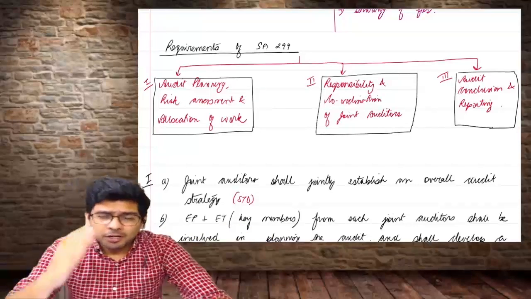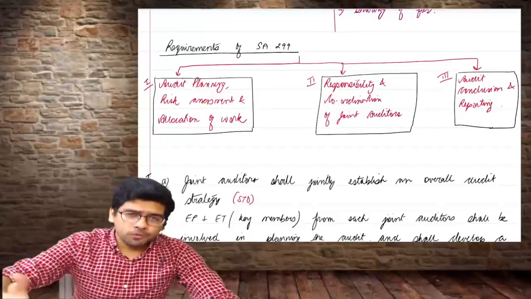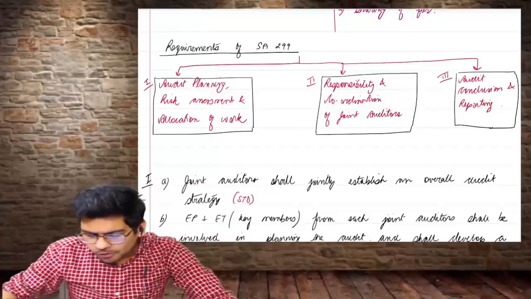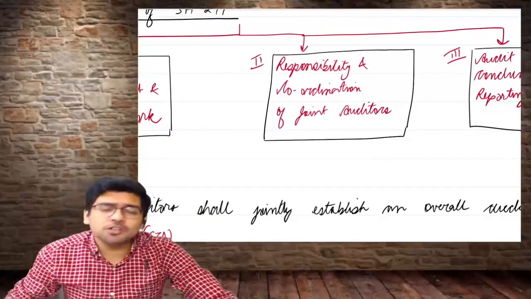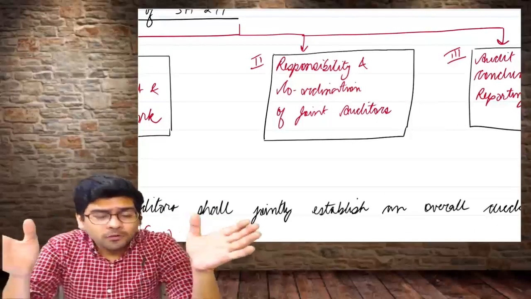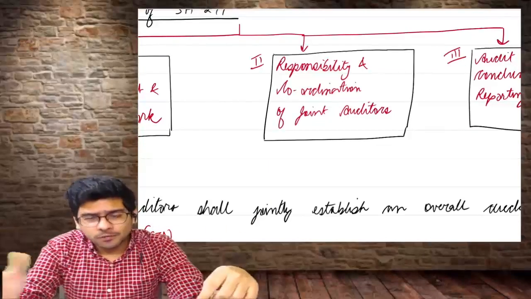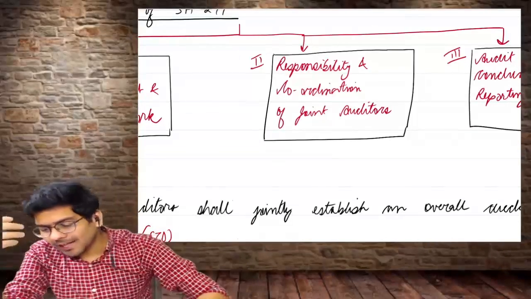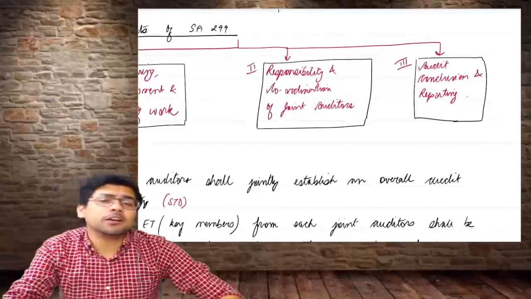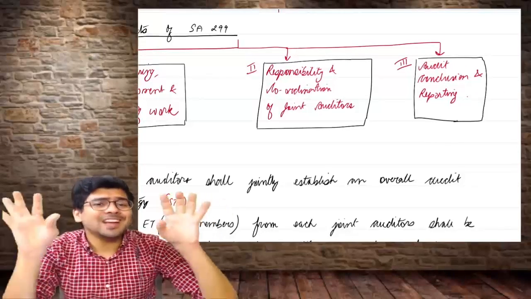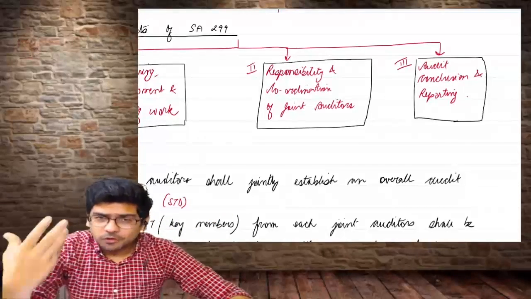After this, you go to the field work and do the audit. Then we discuss responsibility and coordination of joint auditors: who will be responsible for which area, and how they are going to coordinate among each other. And thirdly, how they are going to report, audit conclusion and reporting. So these are the 3 areas which the standard focuses upon.